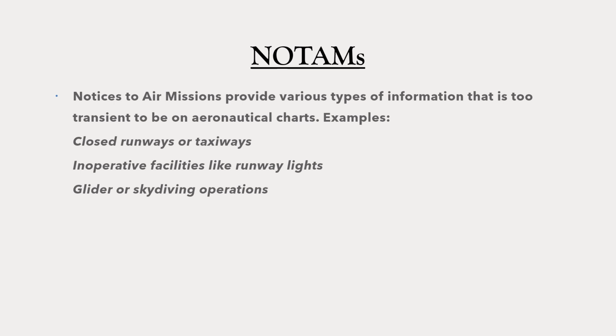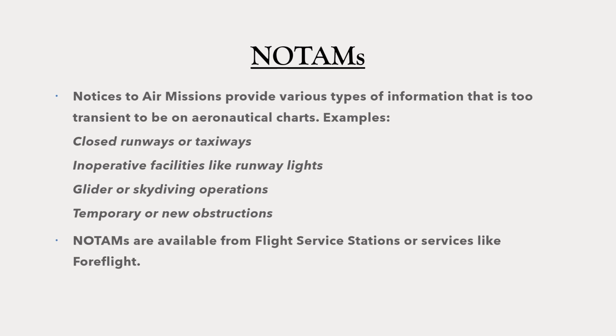When they're going to be operating, they put a NOTAM out just to give people information. If there are new obstructions that have come up, somebody built a tower and it hasn't made its way onto the charts yet, or somebody's using a construction crane a few miles away from an airport, there'd be a NOTAM for that.